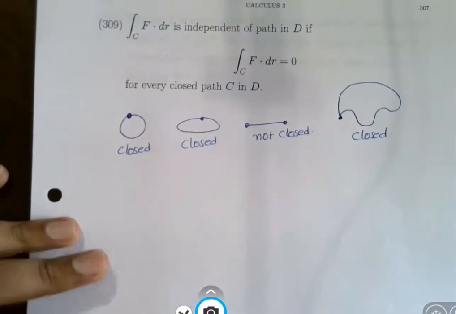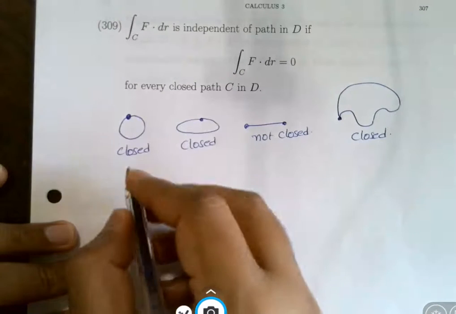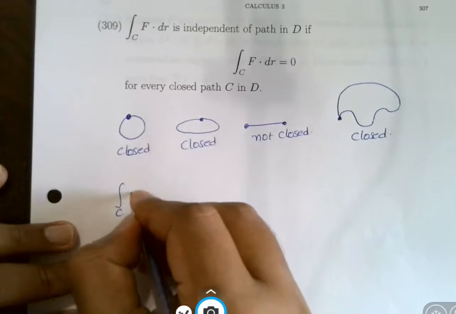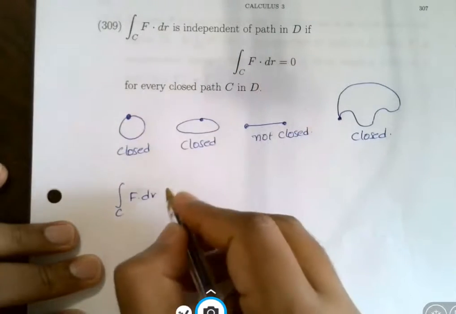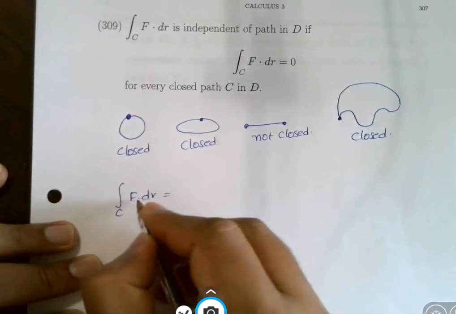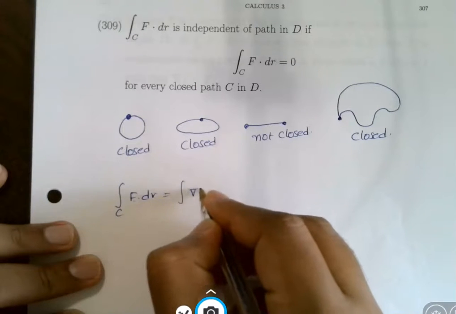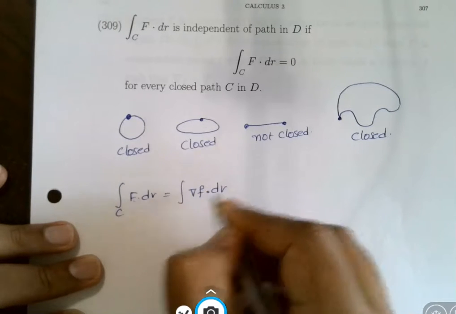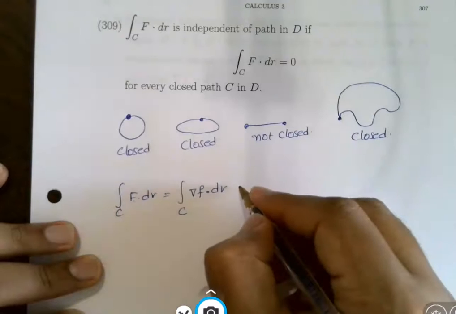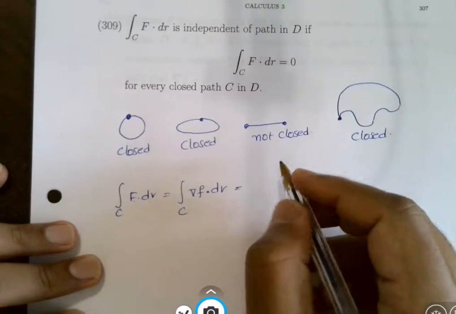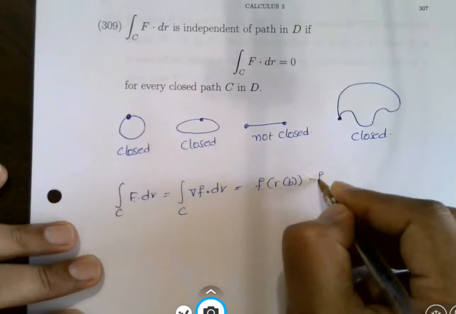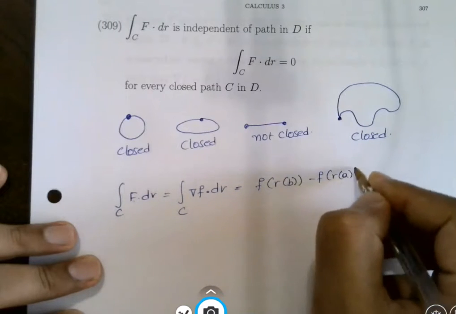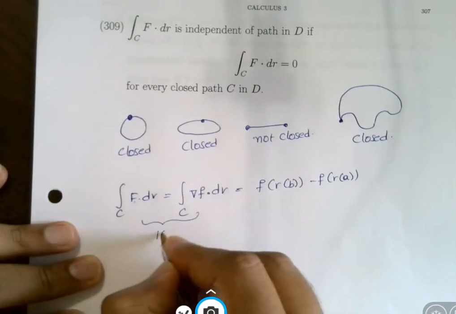So if you have F dot dr, and it is a conservative line integral, that means this is a conservative vector field. That means you can find the potential function f, and the integral of F dot dr over C is going to be f of r of b minus f of r of a. This is from section 16.1.